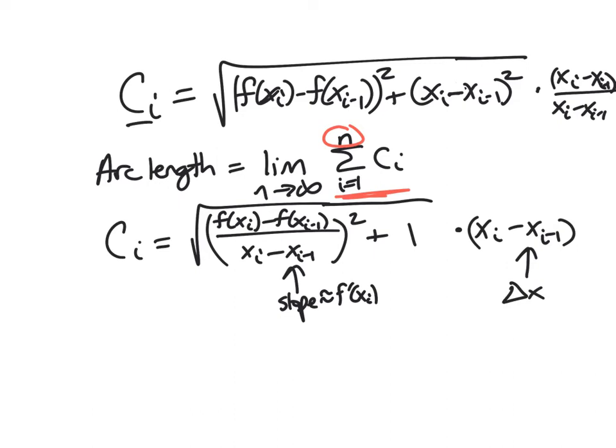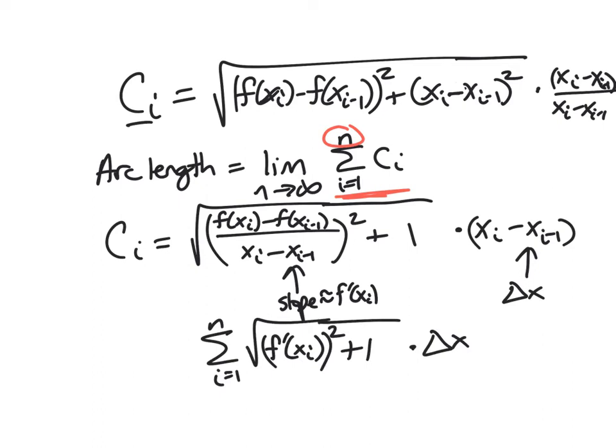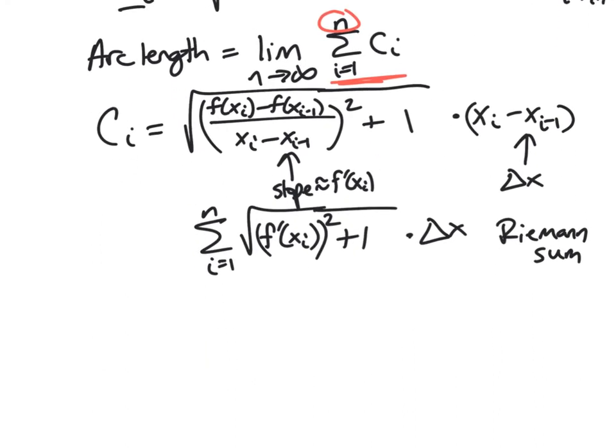So what are we really summing up? We have the square root of the derivative squared plus 1 times the change in x. But this is a Riemann sum. We have this delta x on the outside, and we've got our test point on the inside.